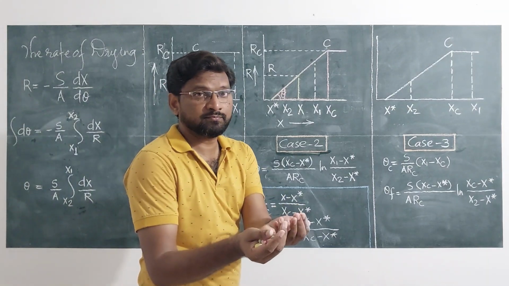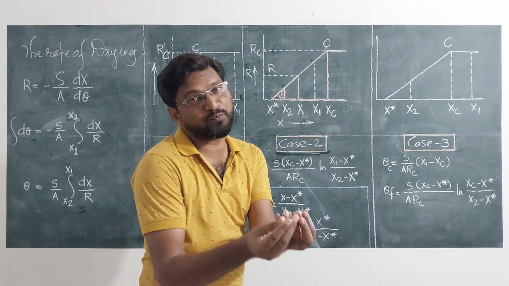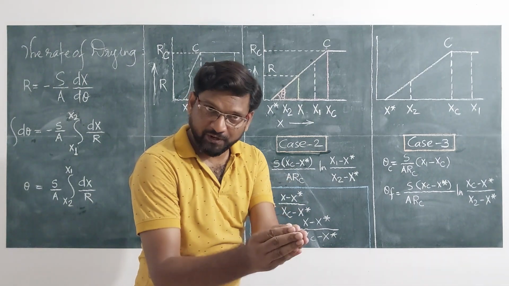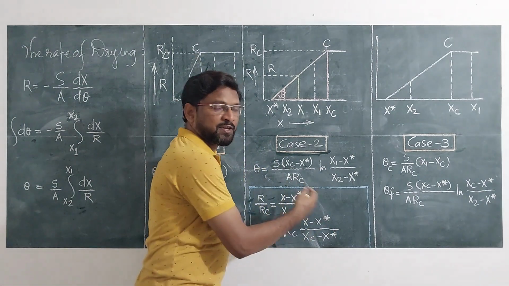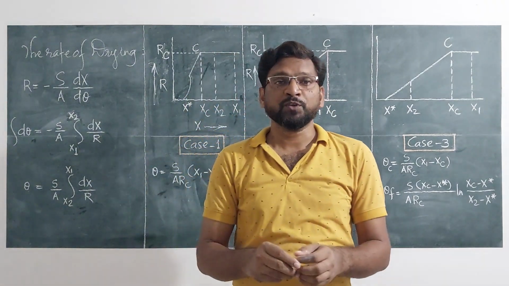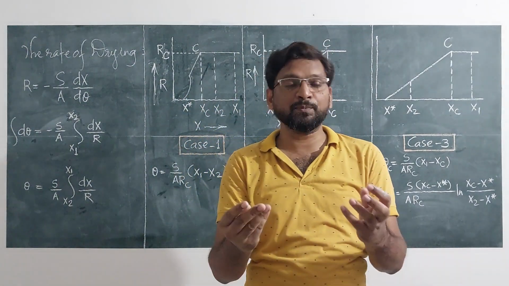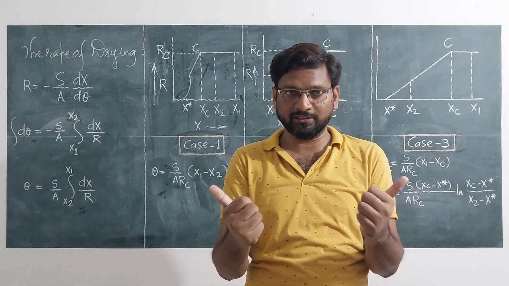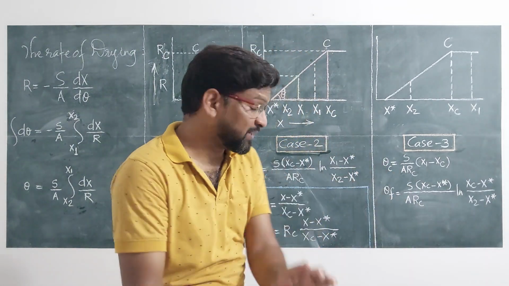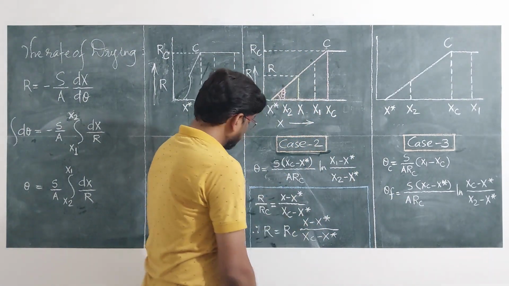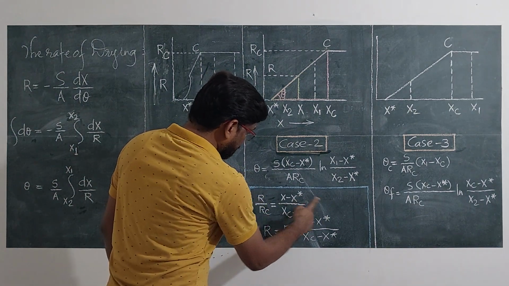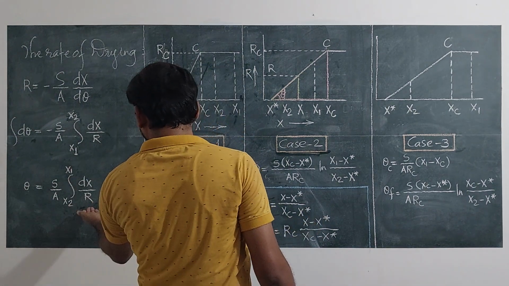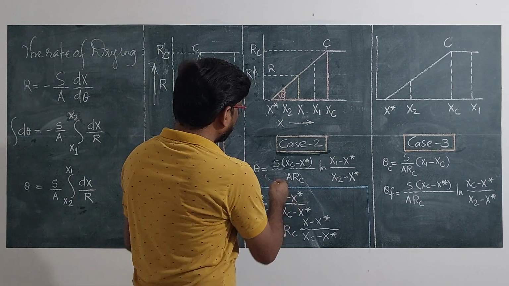Again, this is beyond the scope of my video. You are quite wise, you can do it, because this is simple mathematics. I am not here to teach you numerator, denominator, multiplication, division, plus and minus. I am here to teach you the concept. So R upon RC gives R equal to RC into this much, and if you put this value of R into this and solve, we will get this value.